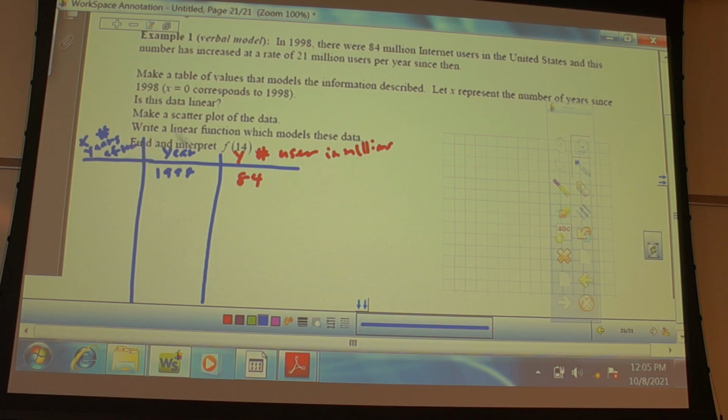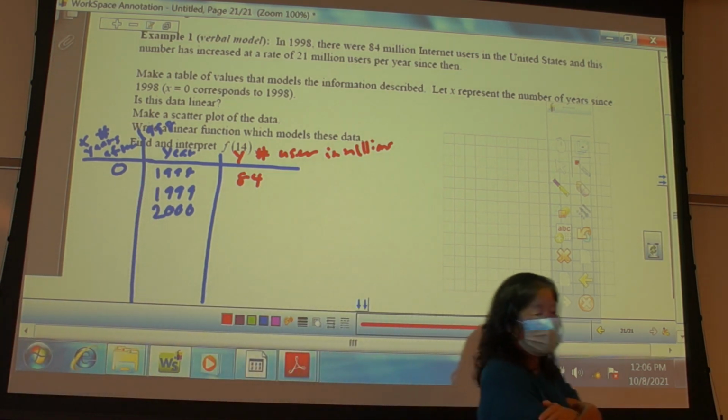after 1998. So 1998 is how many years after itself? 0. And then we're going to go 1999, 2000. In 1998, there were 84 million users.